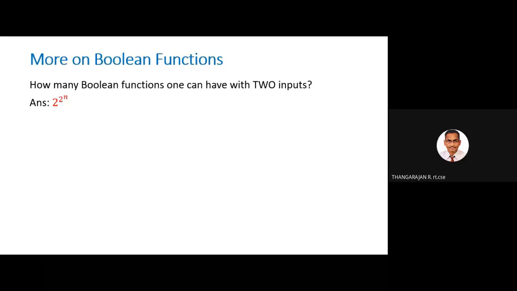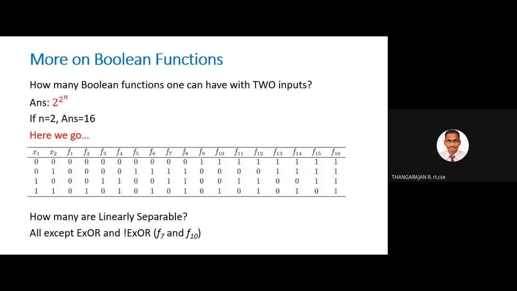We take the simplest case where the number of inputs is 2. So in this case I have 16 Boolean functions. You can see the inputs are 0 0, 0 1, 1 0, 1 1. So these are the two inputs, so there are 4 combinations, and for each I can have different functions.